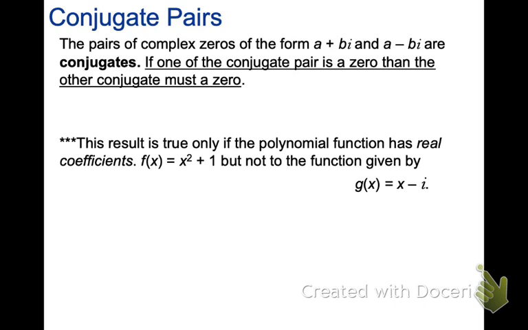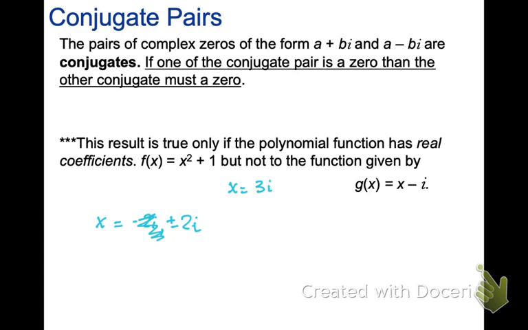So, if I say x equals negative 2i, it also has to equal what? Positive 2i. So it would be both positive and negative 2i. Making sense what I'm saying? Yes. So if I tell you one zero is x equals 3i, yes?